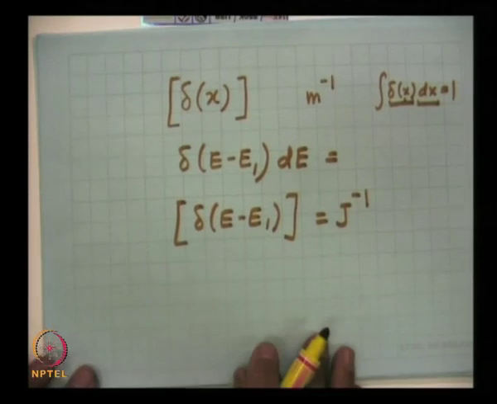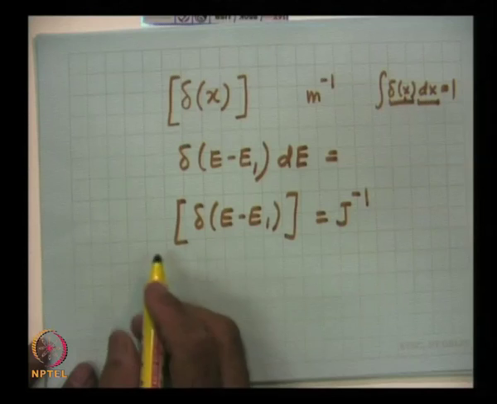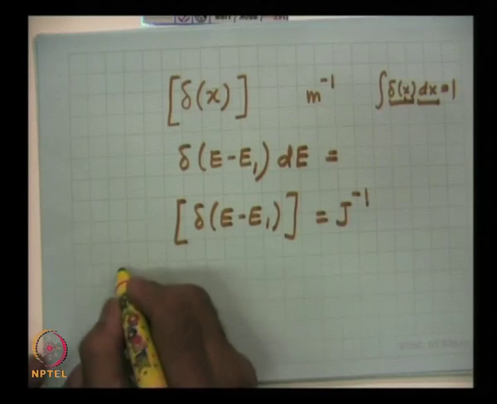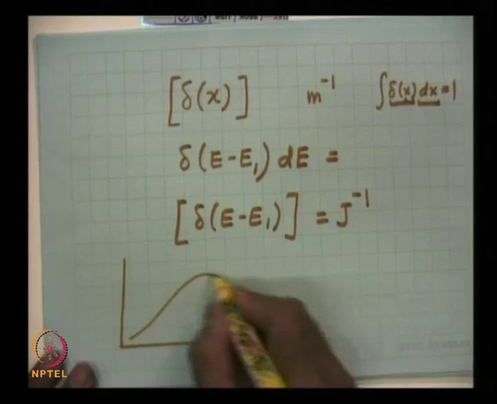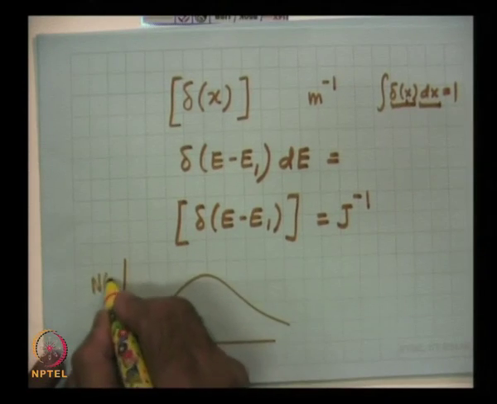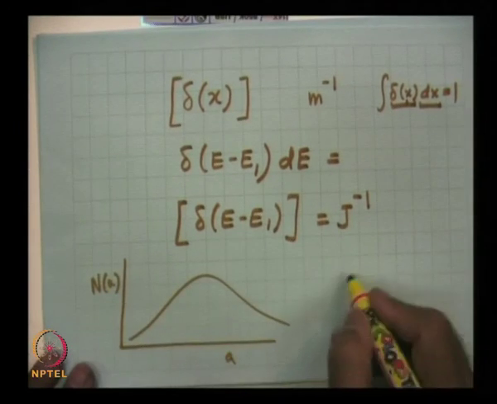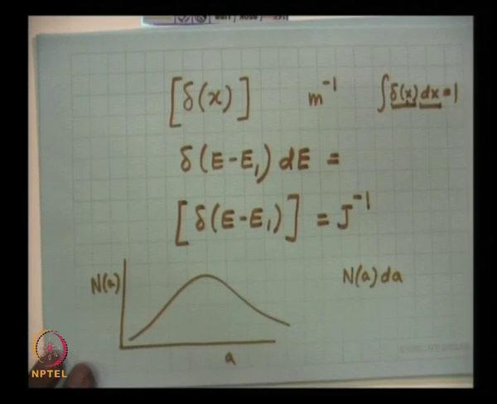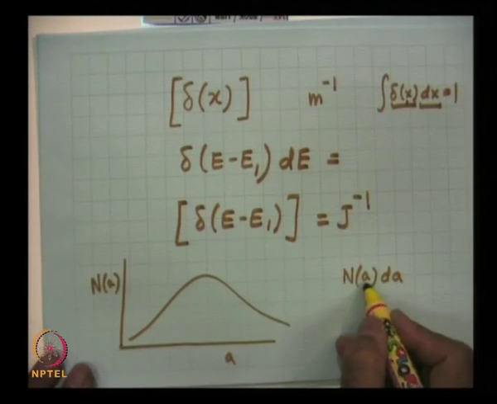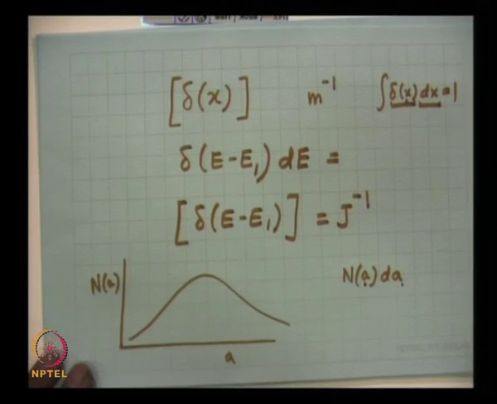Let us suppose the age distribution function of students in a university is given by this n of A versus A. Therefore, n of A dA represents the number of students whose age lies between A and A plus dA. So, if I ask what is the number of boys who have exactly the age 22 years, the answer is 0.